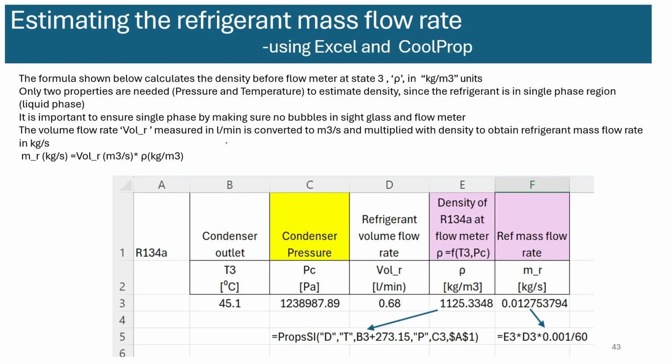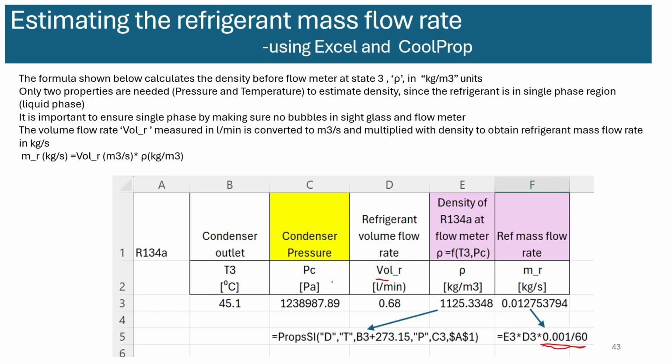Okay, let's see how to do this in CoolProp. So in this case, the measured flow rate is in liters per minute. It is first converted to meter cube per second using this formula here, right? So this converts into meter cube per second.